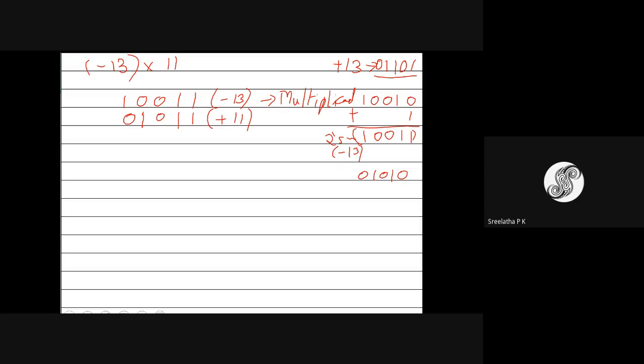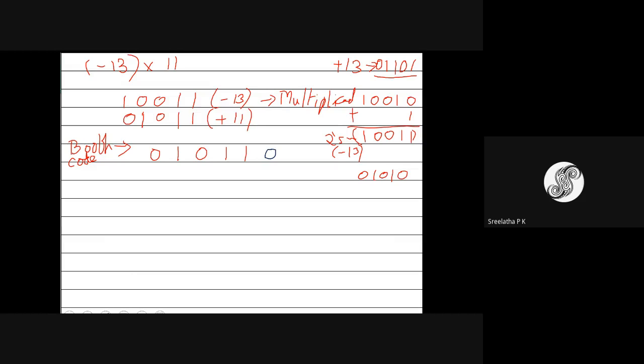Now I have to find the Booth code of it and then the bit pair recoding. So the Booth code of this particular value, that is 01011. All of you know how it has to be done in Booth code. What do we do when I want to find the Booth code? Add a 0 at the LSB.